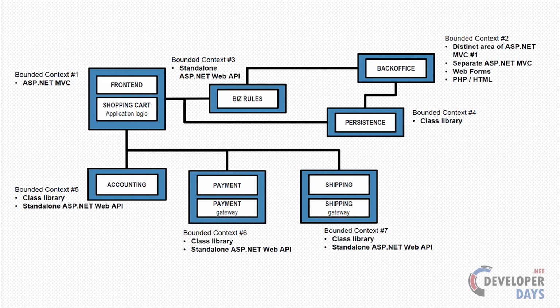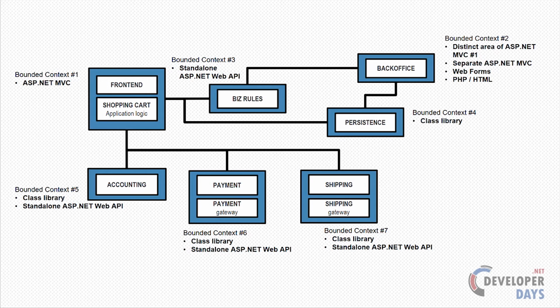So we are doing a domain-driven design analysis, but I'm not saying you have necessarily to have a domain model with classes organized in a given way. The biz rules, depending on your deployment perspective, can even be a standalone web API or another standalone site. It depends on the scalability needs you have. But it could even be a class library just linked.